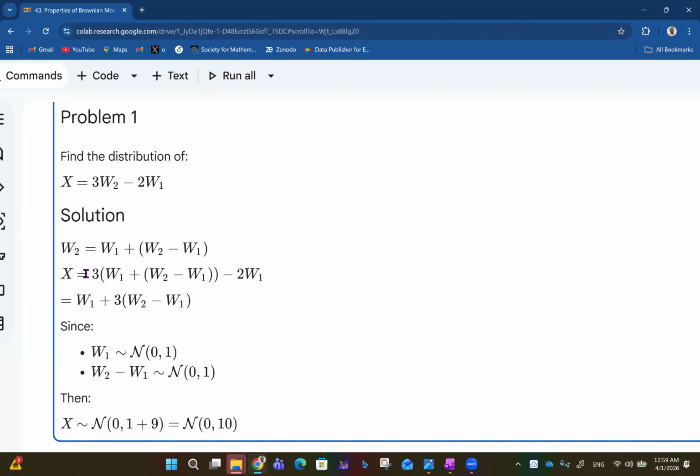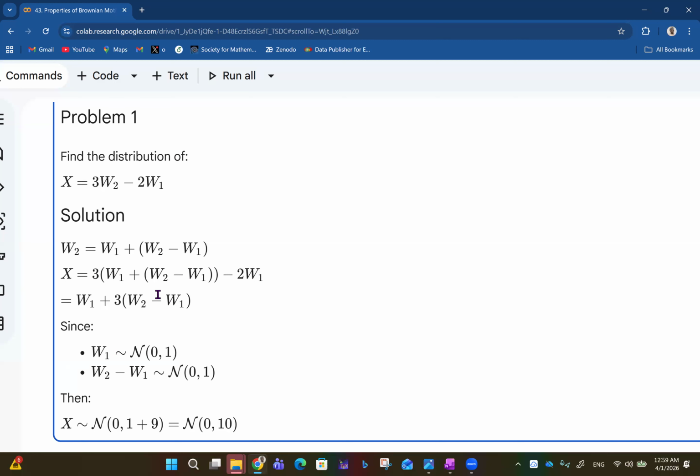If you tidy things up, we have 3W1 plus 3W2 minus 3W1. So 3W1 will cancel minus 3W1 automatically. So we have 3W2 minus 2W1.